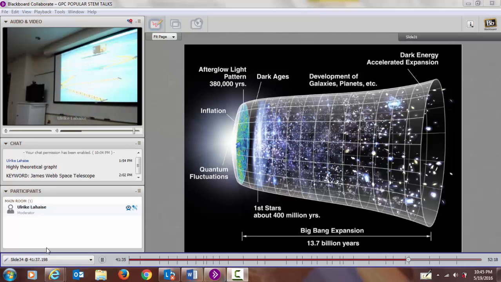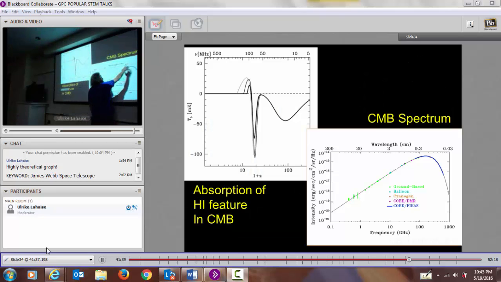And what they would actually observe, according to these engineers, here is the spectrum of the cosmic background radiation. That's observed with a whole bunch of different instruments now. In the very low frequency end of this spectrum, you'd see this feature superimposed on the cosmic background radiation. It's like an absorption feature, like those features in the spectrum of the sun.